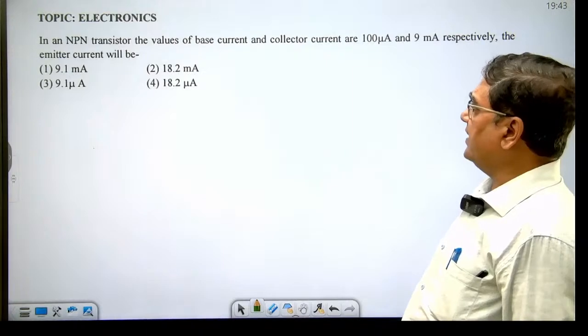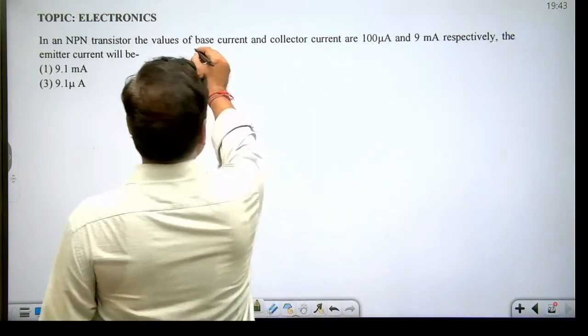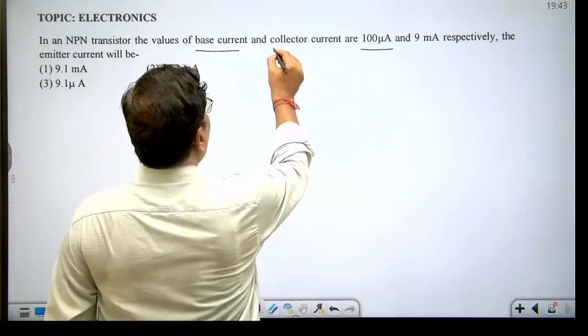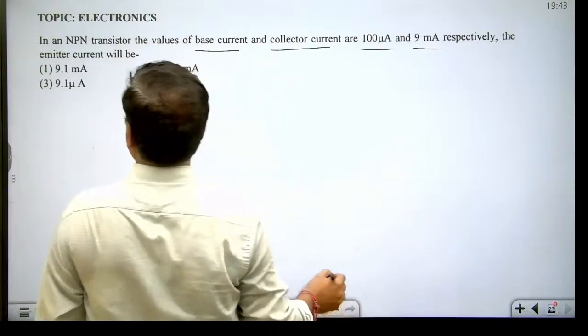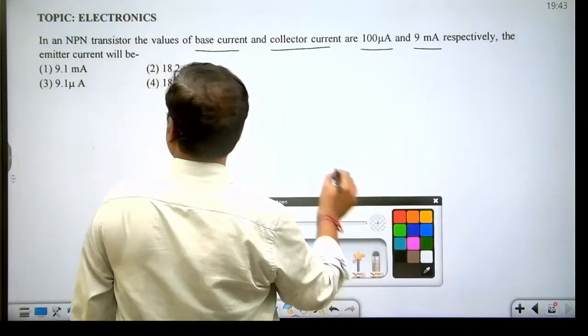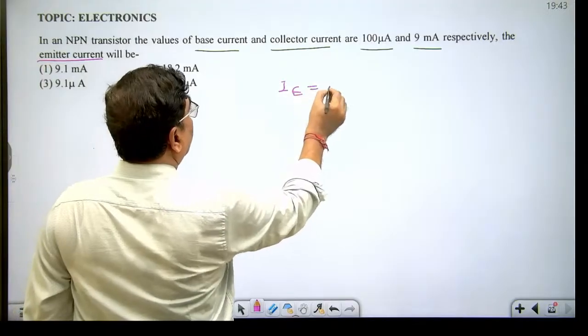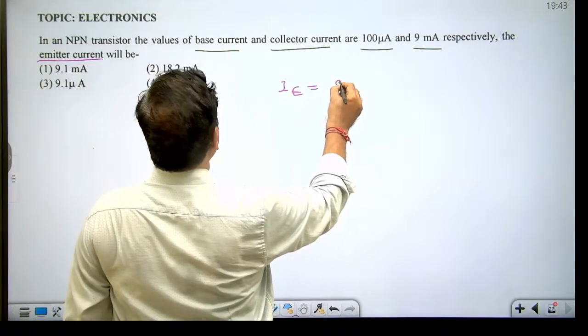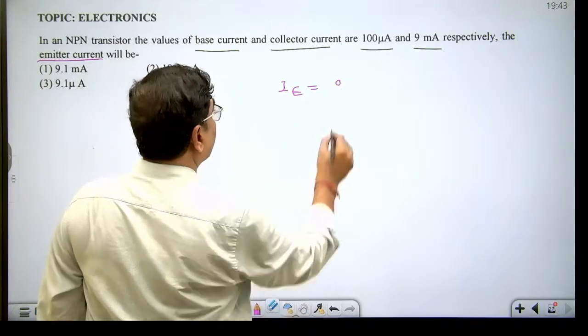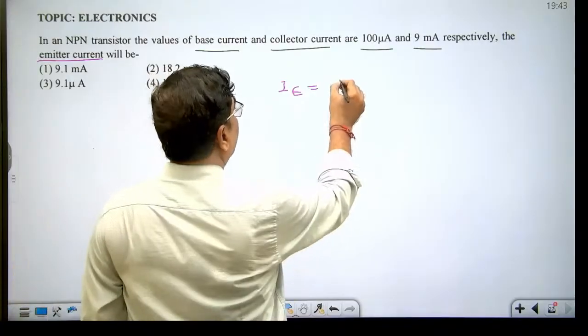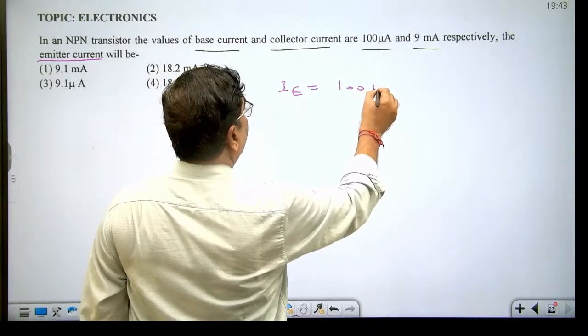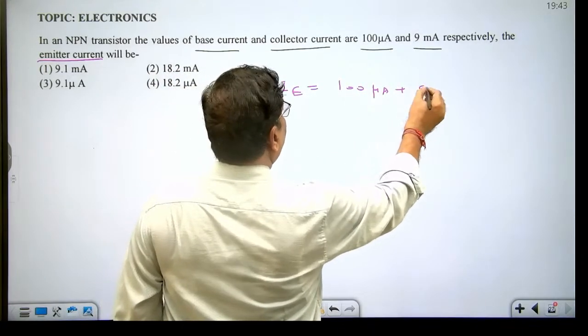In an NPN transistor, the value of base current is 100 microampere, collector current is 9 milliampere. Then emitter current will be... see, emitter current equal to base current plus collector current.